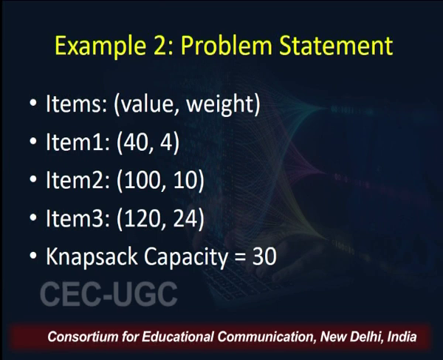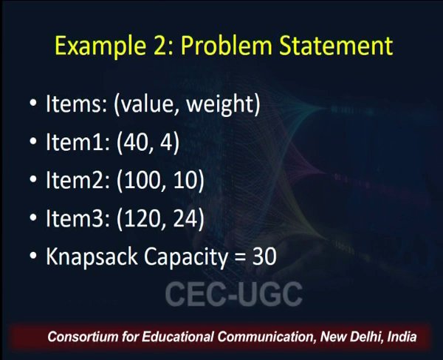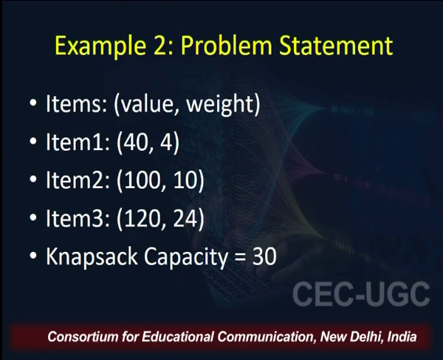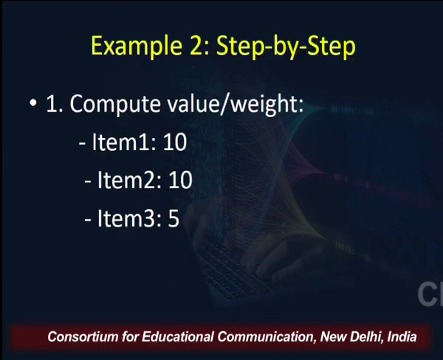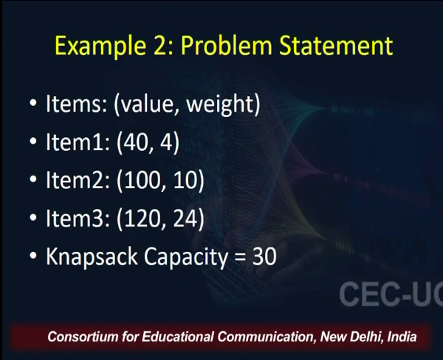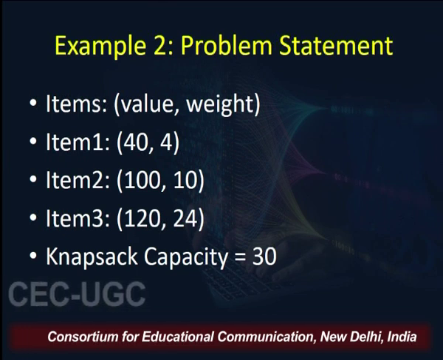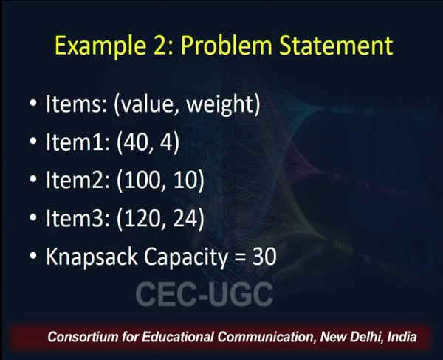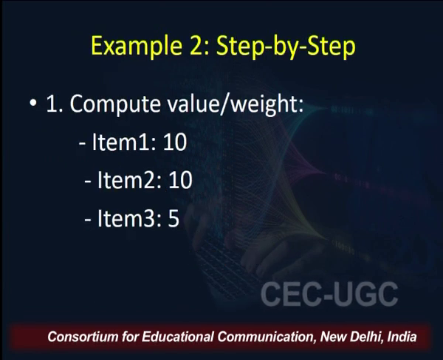So, let us find the V by W ratio, then sort the items by that ratio. Here we compute the value by weight for item 1, that is 40 by 4, which is 10. Then for item 2, that is 100 by 10, again 10, and item 3, which is 120 by 24, is 5.